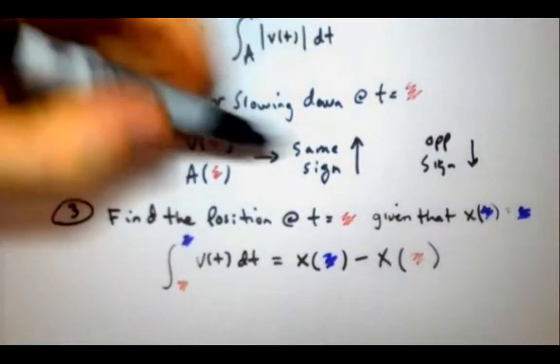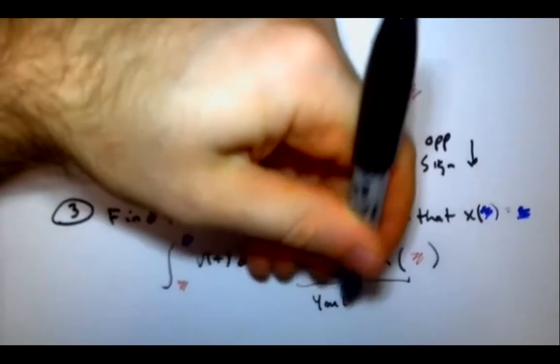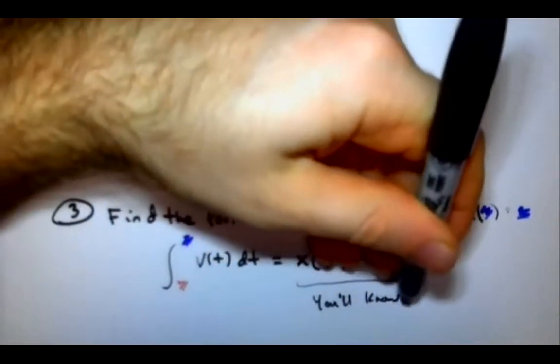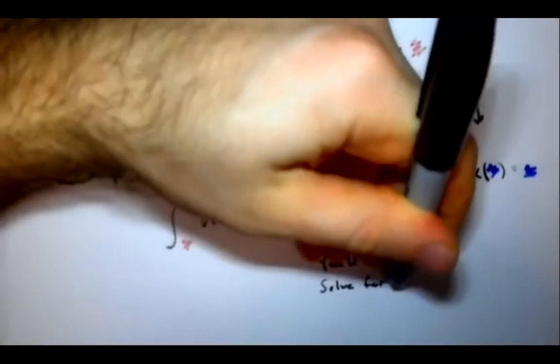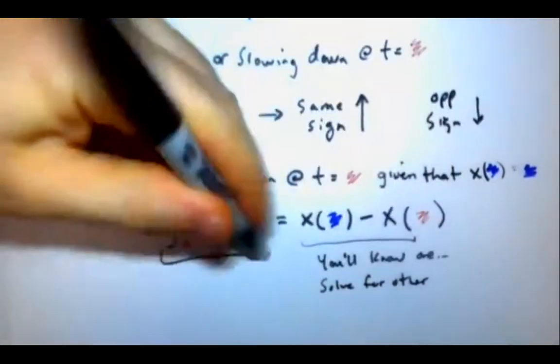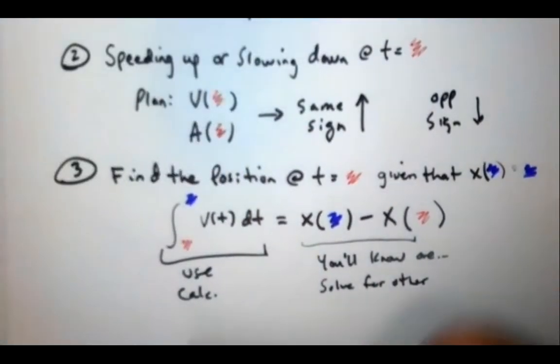And then what are we going to say here? You'll know one of them, and then solve for the other. And for this piece right here, you're going to just use the calculator. Fire this into a calculator.